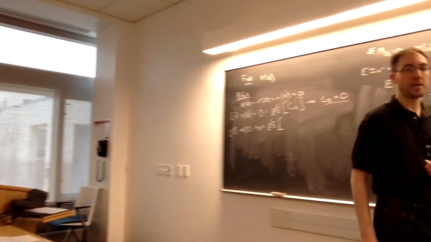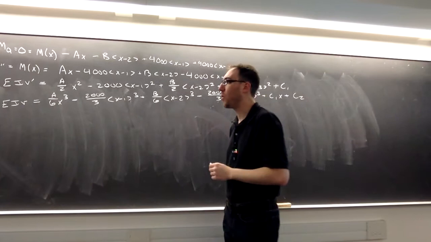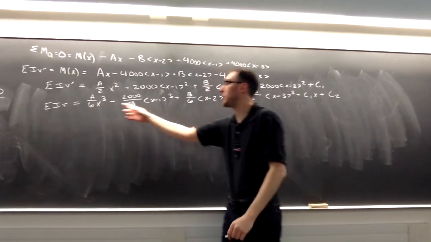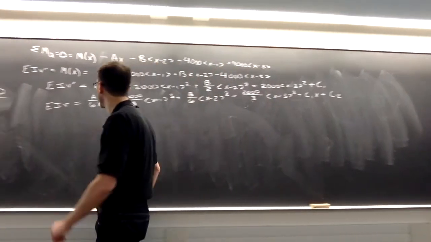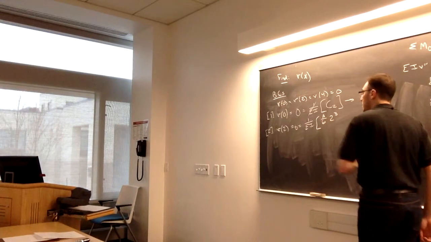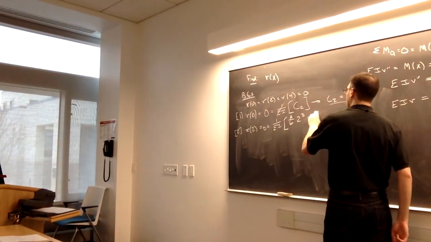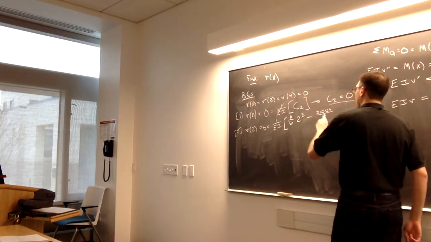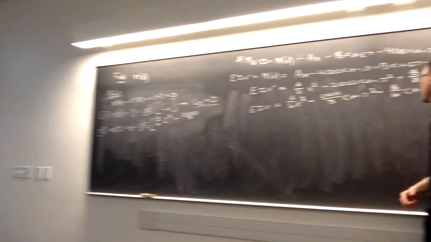We know the deflection at x equals 2 is also 0. So it's going to be 1 over EI times this expression, now evaluated at x equals 2. So we'll have the first term, we'll have A over 6 times 2 cubed, minus 2,000 over 3 times 1 cubed, which is just 1.